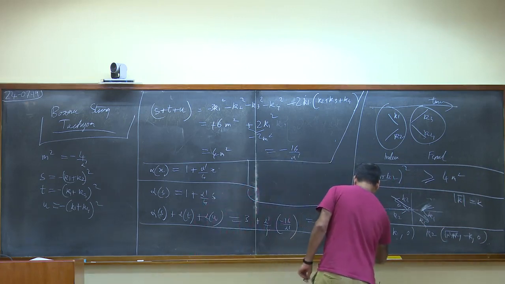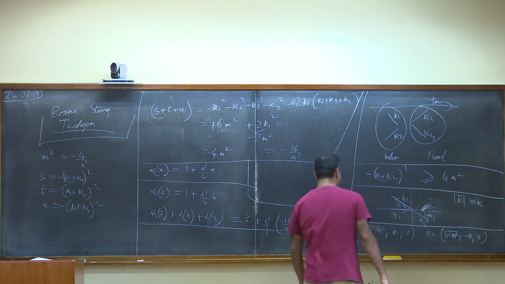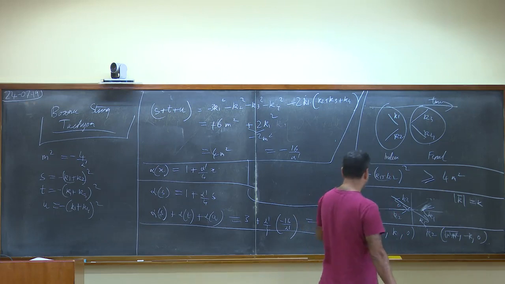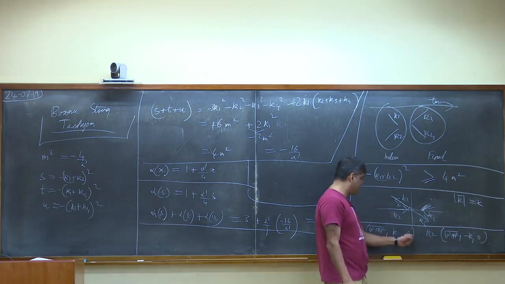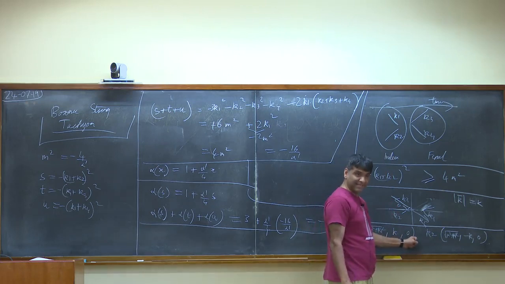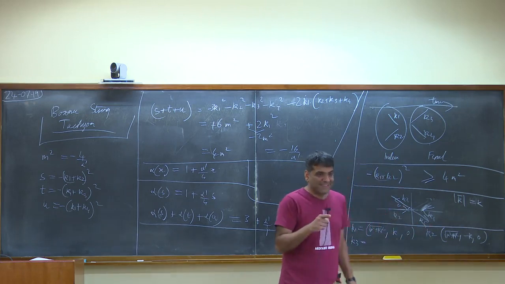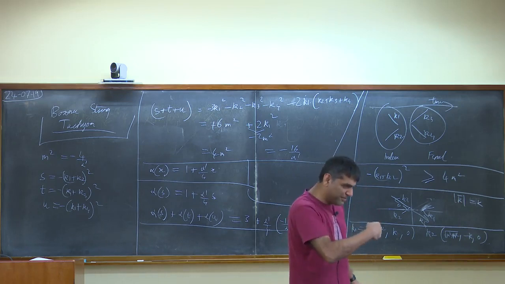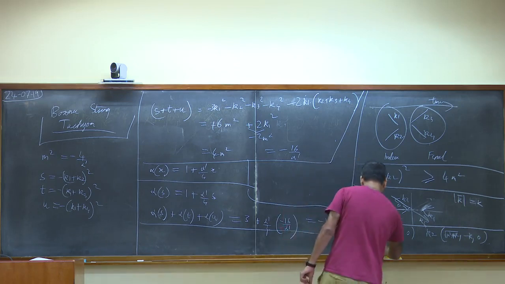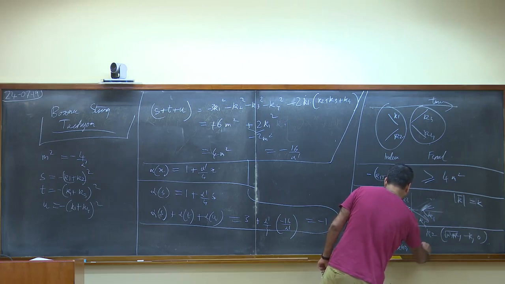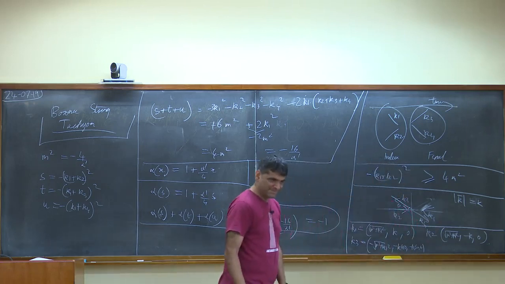K3 will be negative. But the outgoing, it has to be positive, right? Exactly. So K3 will be this same vector with a cos theta here and a sin theta here, but then everything made negative. Because that's the momentum outgoing, and therefore you have to reverse all signs ingoing. So minus square root of m square plus k square, minus k cos theta, minus k sin theta. Is this clear?